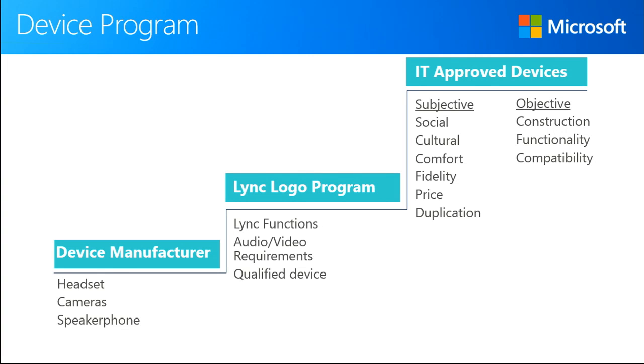Heck, go onto Amazon, type in headphones. You'll see hundreds of them, right? But then there's the Lync logo program, or the qualified for Lync. And this helps us meet the Lync functions, the audio quality specs, that it hits a bare minimum bar. So at Microsoft, to become an MSIT approved device, the bare minimum bar is the Lync logo program.